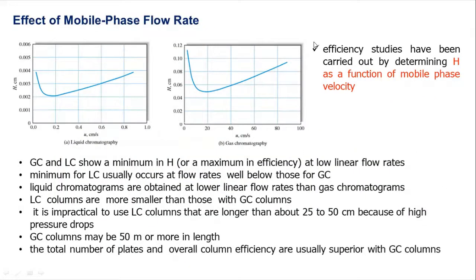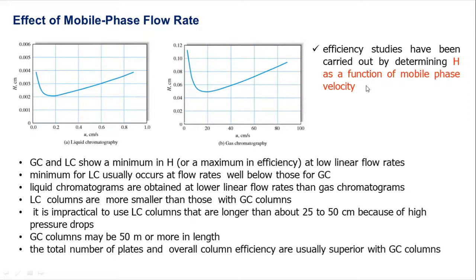Okay, next is the effect of mobile phase flow rate. Efficiency studies have been carried out by determining H as a function of mobile phase velocity. For GC and LC, there is a minimum in H, meaning a maximum efficiency, at low linear flow rates.